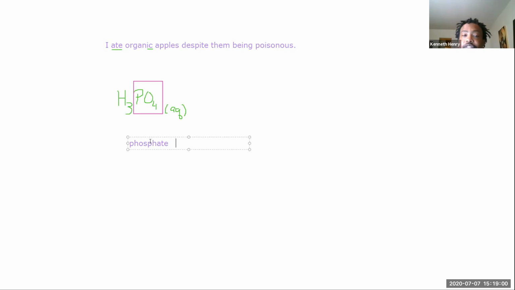Okay, so I see phosphate, right? I ate, organic. So what is my acid going to be called? I'm going to get rid of that ATE, and then I'm going to put in an IC somewhere. It's going to be phosphoric acid.